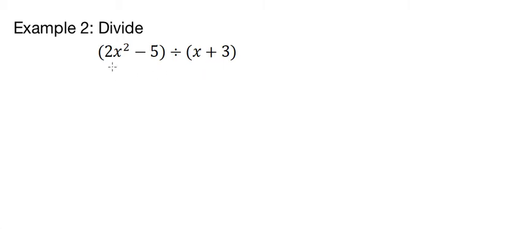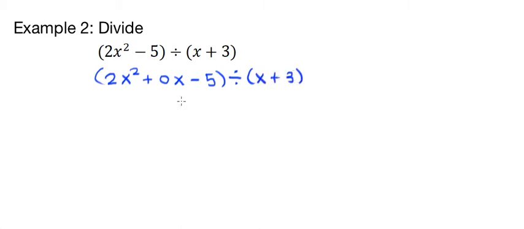But before we do that, we should complete this polynomial, right? 2x squared minus 5 is not complete, but I can easily complete it by adding this term 0x, so 2x squared plus 0x minus 5. And then the new division will look like this. X plus 3. Now we are ready for synthetic division.